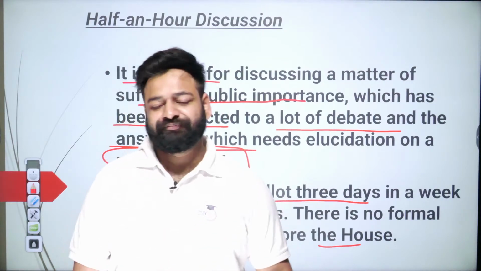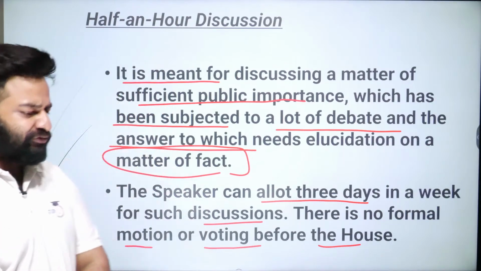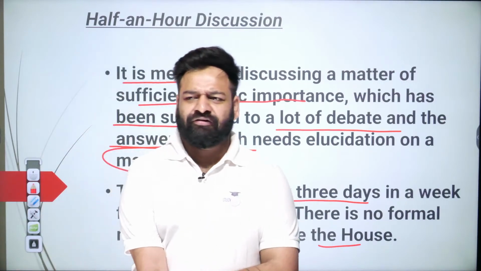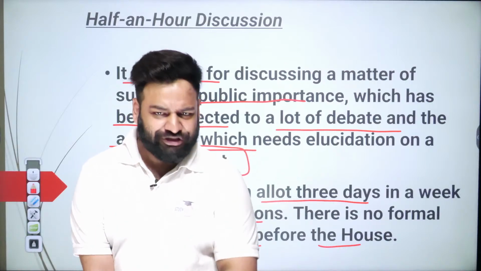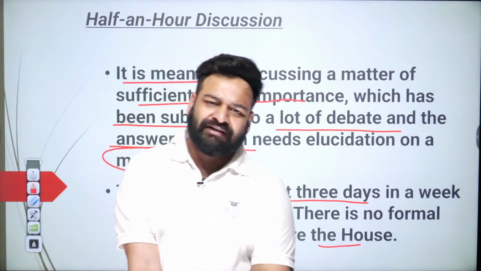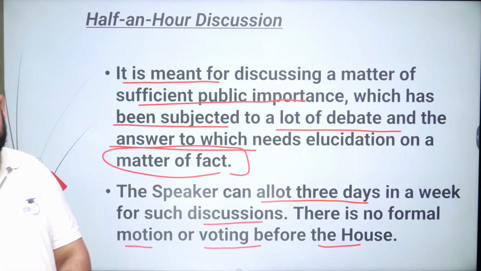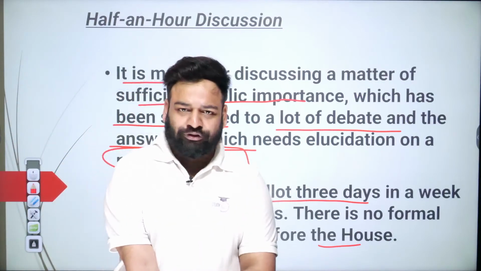But still, there are parliamentarians who think that they haven't got a clear answer, and they need more elucidation, more elaboration of the answer. For that case, a 30-minute discussion can be kept on that one particular point.